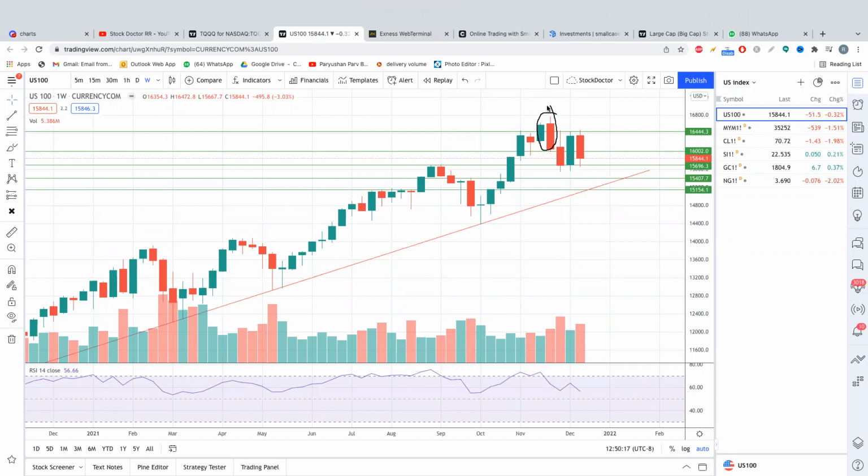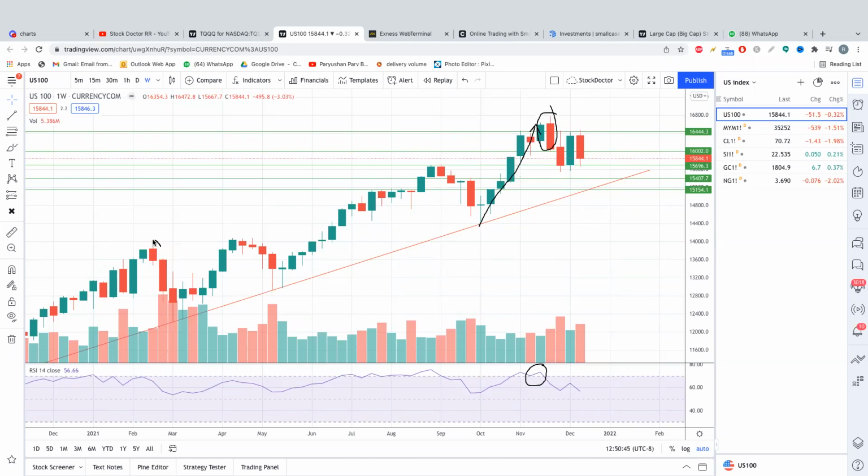What do we mean by bearish engulfing? The first candle is green and the next candle is red and the market should be in the uptrend, right? So this is a bearish engulfing pattern. At the same time, you see here RSI was also exhausted on the weekly time frame, right? So this is a clear indication on the weekly time frame that there is a high probability that the market might correct from here.